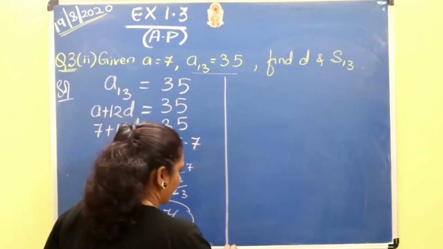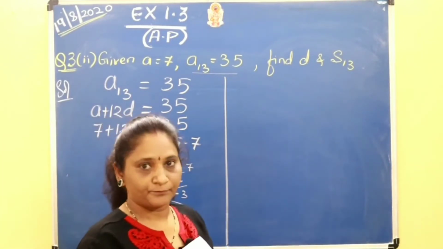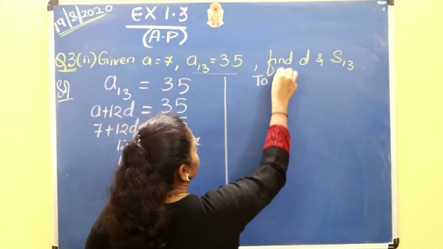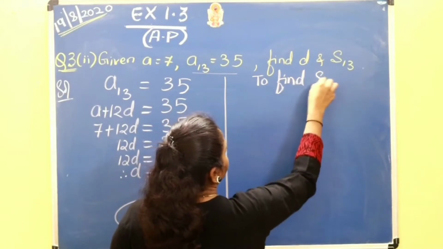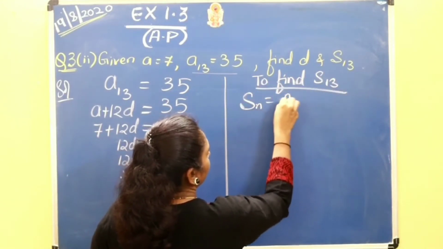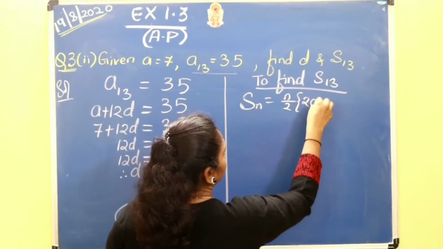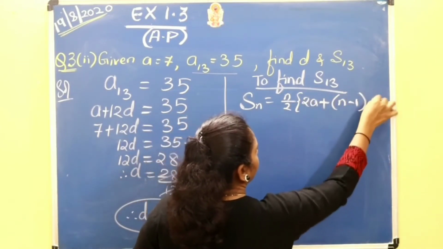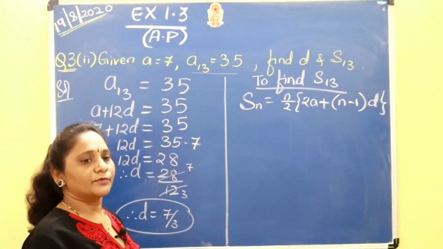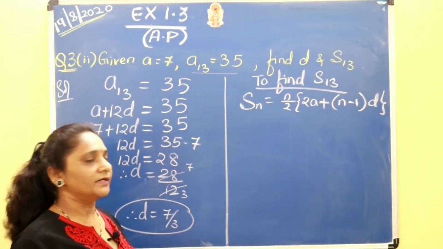Now you have to find out S13. To find S13, what do you do? Sn is equal to n by 2 into 2a plus n minus 1 into d. This is your formula.